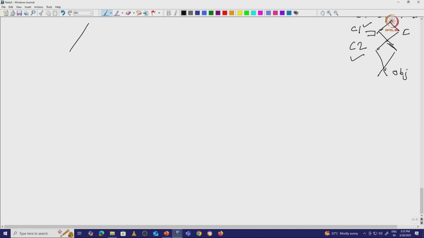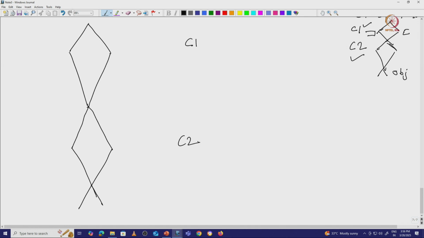So we have electrons and the crossover point is somewhere here, right? And then, as I mentioned, there will be a C2 lens. This one we can consider C1 and this one C2.